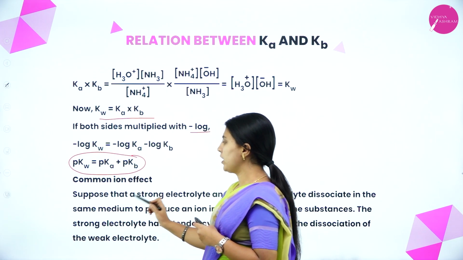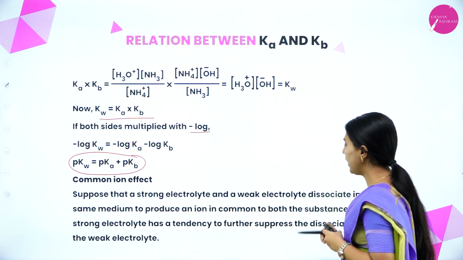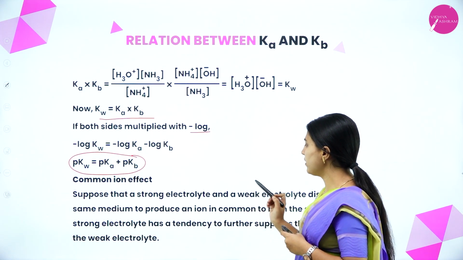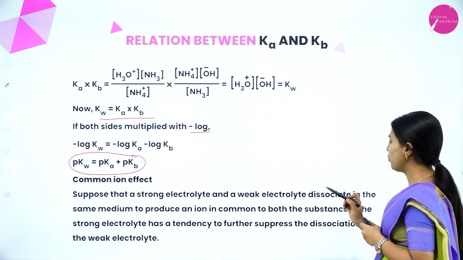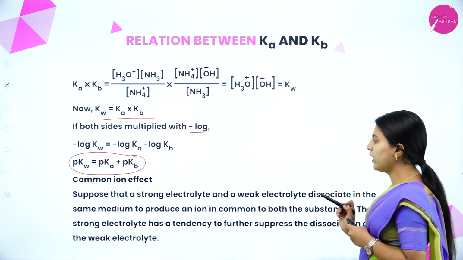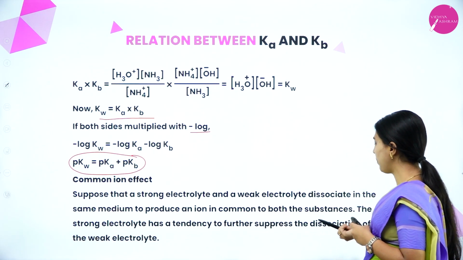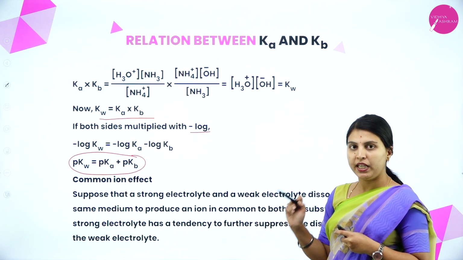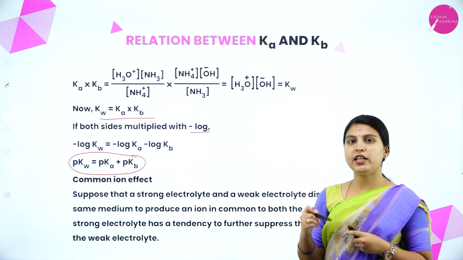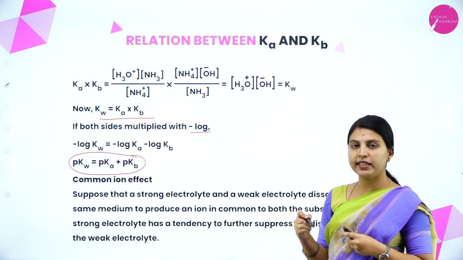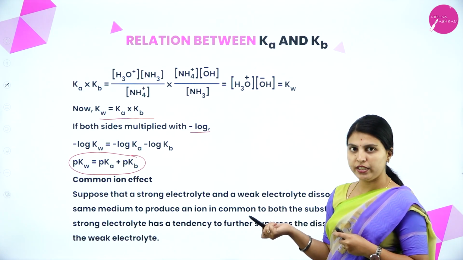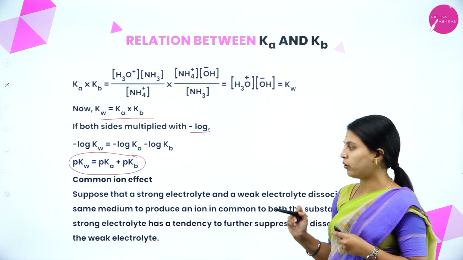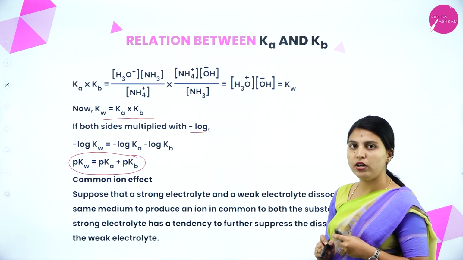Common ion effect. Suppose a strong electrolyte and a weak electrolyte dissociate in the same medium to produce an ion common to both the substances. The strong electrolyte has a tendency to further suppress the dissociation of the weak electrolyte. That is called the common ion effect.